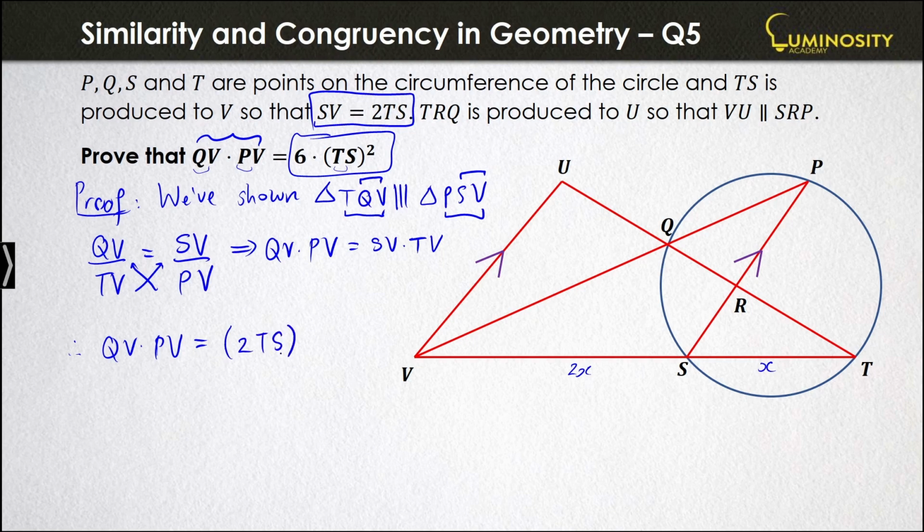And then TV was 3 amounts of TS, 3x. So 2 times 3, those are the like terms, gives you 6. And TS times TS, those are the like terms, will give you TS squared. And that is how we would prove this equality.